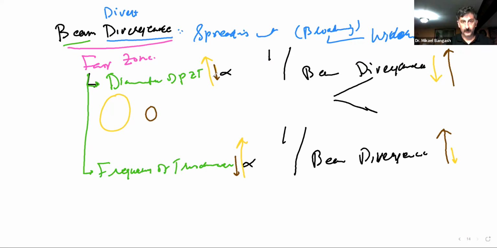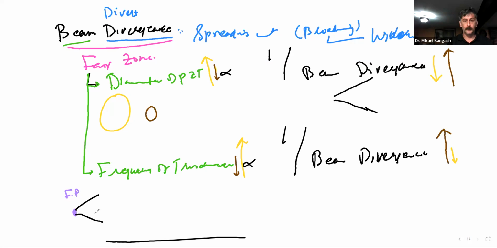We had this frequency, and the focal point matters, because the main thing that we are going to talk about is what happens beyond the focal point. That's where the beam diverges.